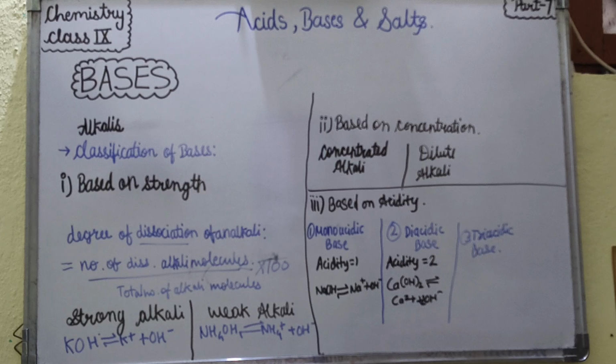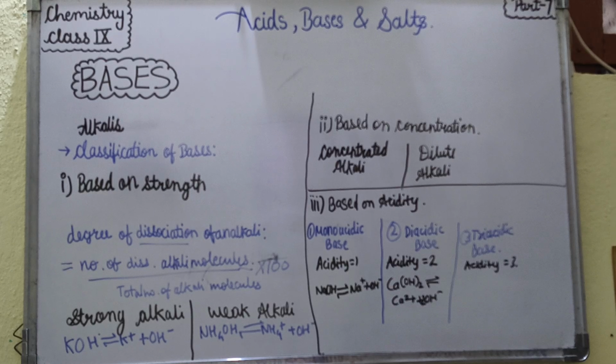Third is triacidic base. Its acidity is 3. It is a base which dissociates in aqueous solution to produce 3 OH- ions or contains 3 OH- ions per molecule of the base.